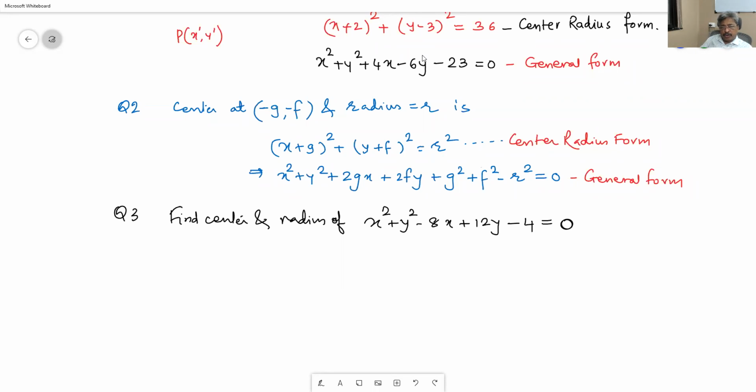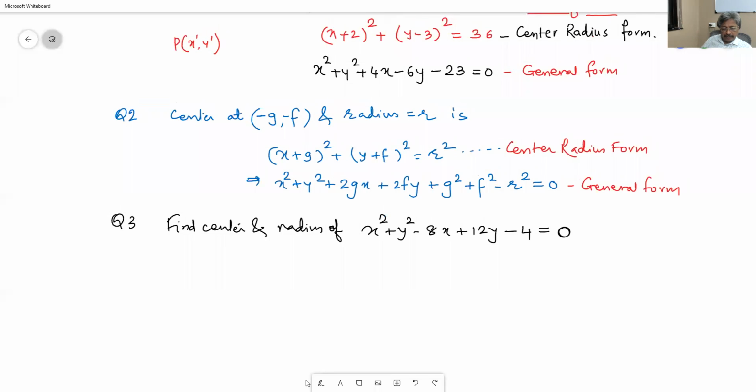Okay. So minus 8 means the center of the circle is minus 2g. 2g is equal to minus 8, therefore minus g is equal to 4. 2f is equal to 12, therefore minus f is equal to minus 6. g square plus f square minus r square is equal to minus 4.